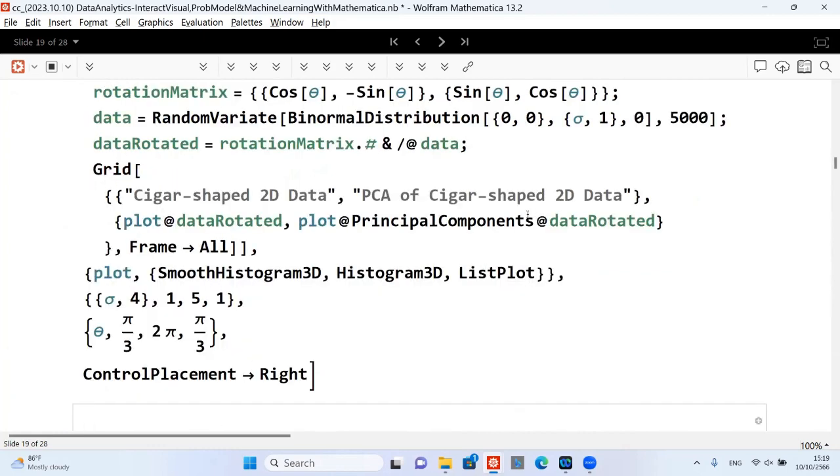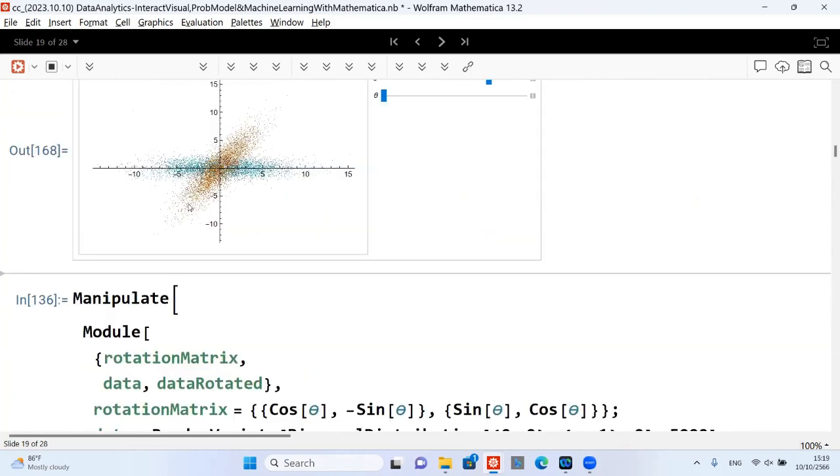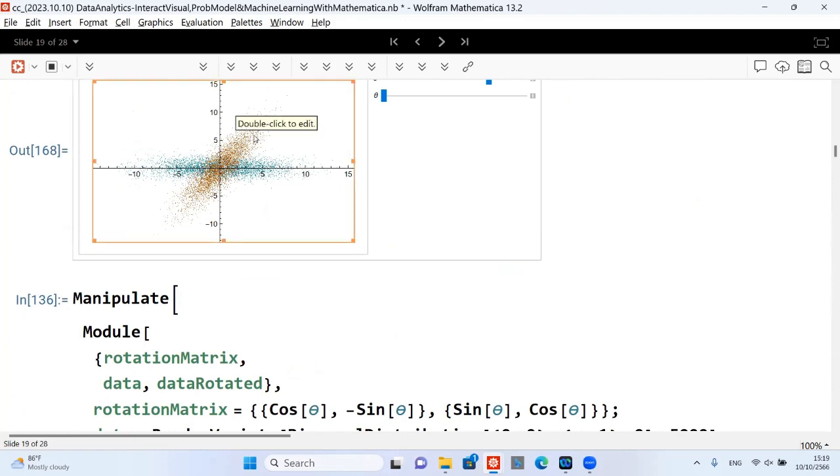My PCA is in another notebook. Never mind. Okay, well, what's going to happen is the PCA is going to be this line. It's going to look like a regression line, but unlike a regression line, it's going to give two lines because I have two dimensions. Okay, so one line is going to go this way.